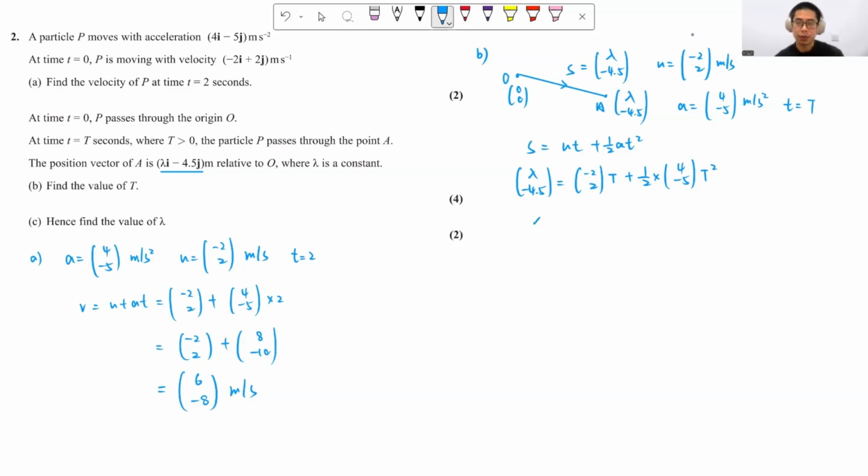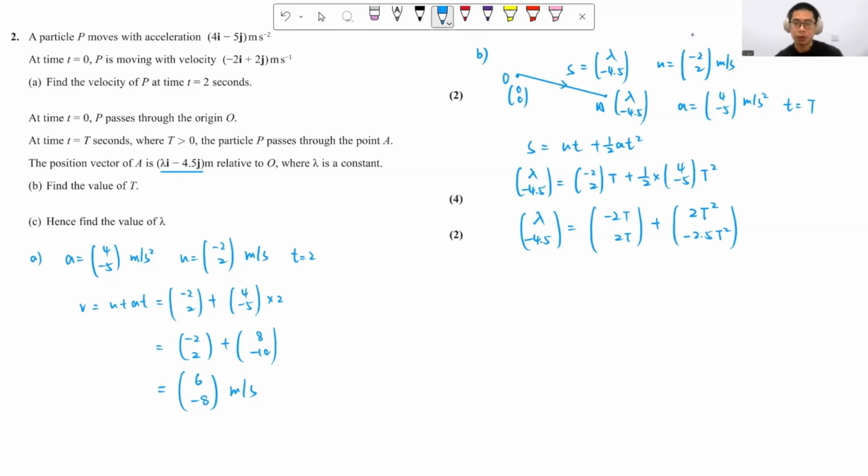So simplify that, we have (number, negative 4.5) is equal to negative 2T and 2T here, and then plus half times 4 is 2, times t squared, just 2t squared. And the half times negative 5 is negative 2.5 times t squared, which is negative 2.5t squared.